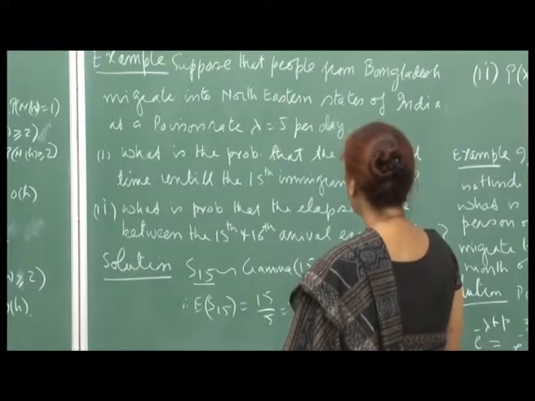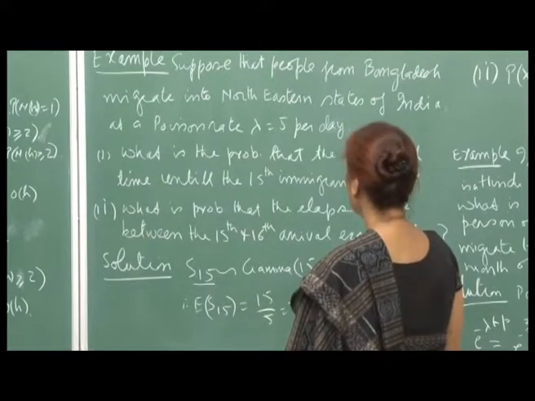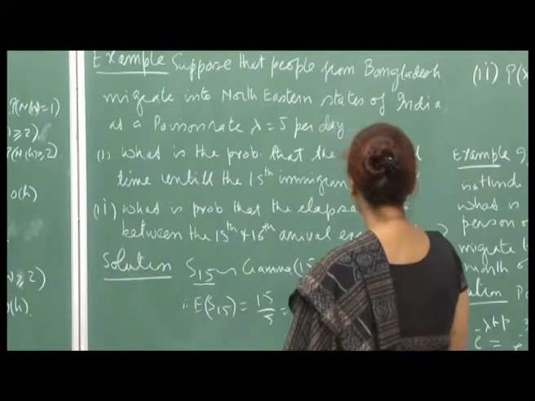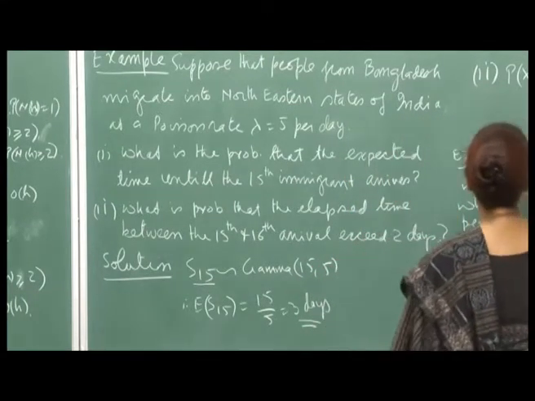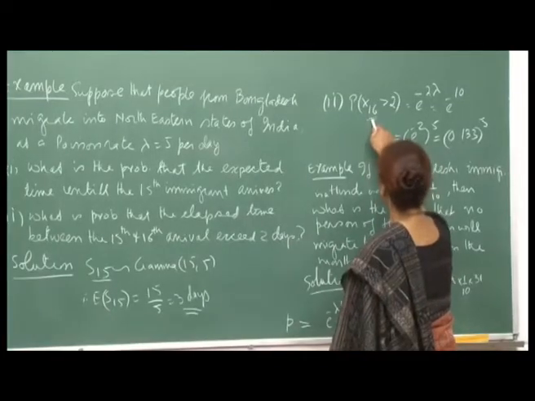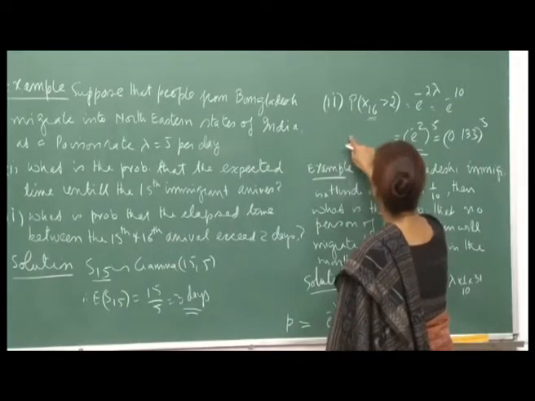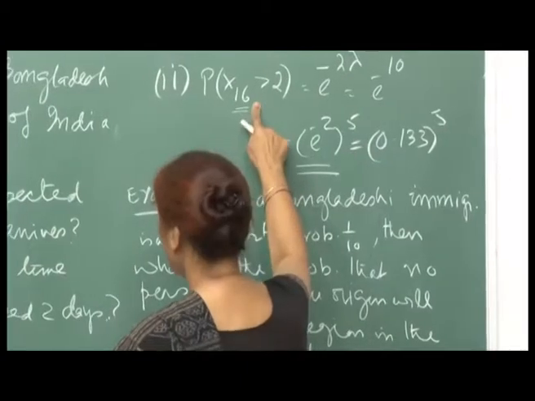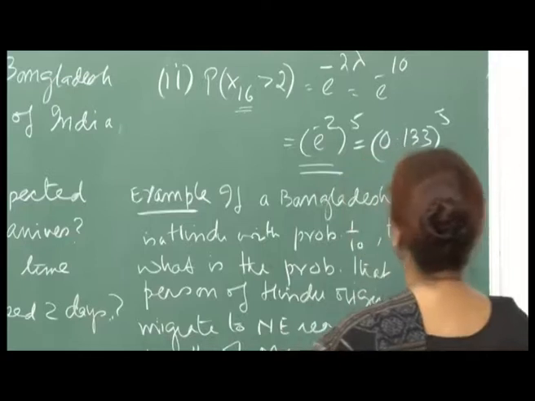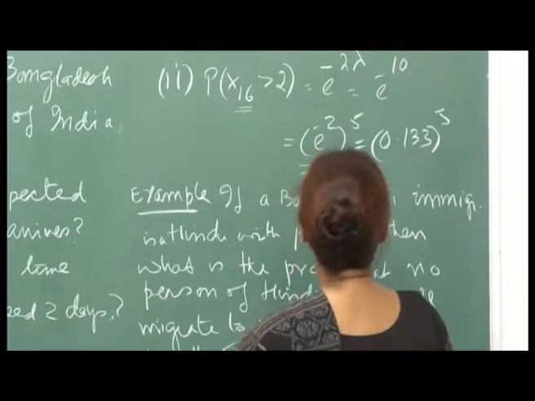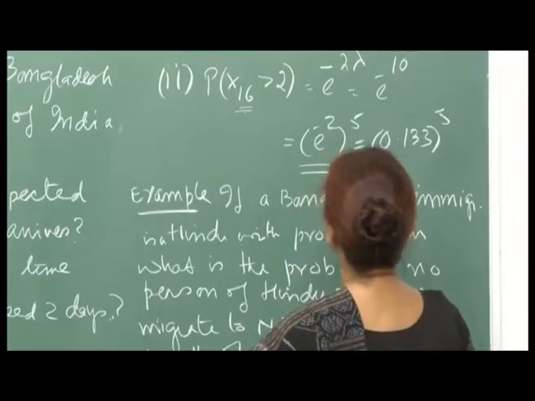Okay. Now, what is the probability that the elapsed time between the 15th and 16th arrival exceeds 2 days? So, here you are asking for X16, because X16 is the inter-arrival time between the 15th and the 16th arrival. So, you are asking for the probability that X16 is greater than 2, and that will be e raised to minus 2 lambda.